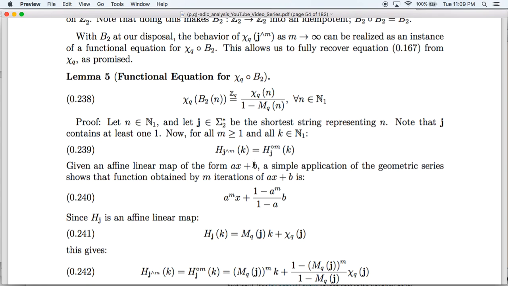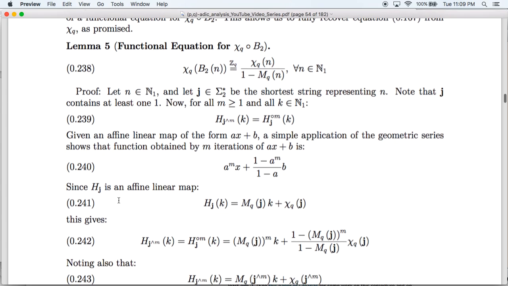Now, as we did in the preparatory work, note that for an affine linear map of the form ax plus b, if you apply the geometric series and induction, you can prove that the function produced by m iterations of this thing is a to the m x plus 1 minus a to the m over 1 minus a times b.